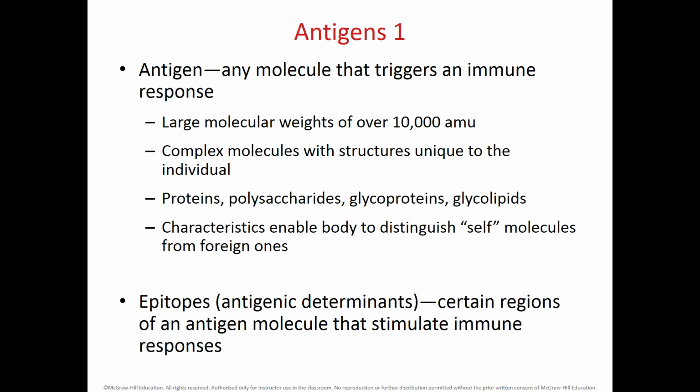We have antigens that can be recognized as our own, which are self molecules. And we can have antigens that cannot be recognized as our own, which are foreign antigens. Within antigens, we have specific regions that set off this immunological response, which are called epitopes or antigenic determinants.